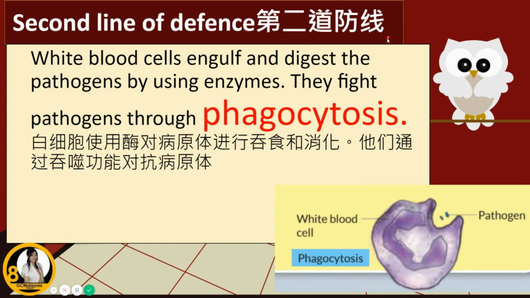White blood cells engulf and digest the pathogens by using enzymes. They fight pathogens through phagocytosis. The white blood cells will engulf the pathogen and swallow it. Okay?